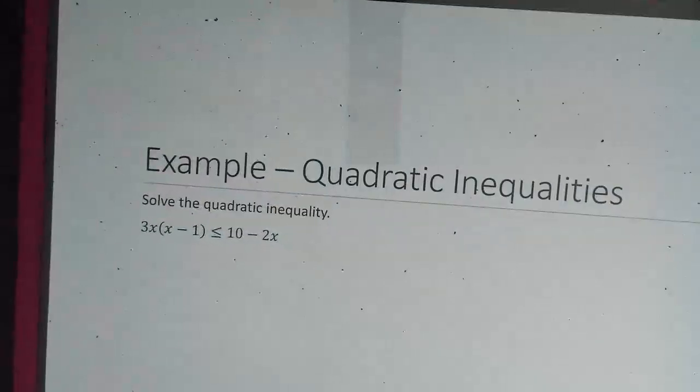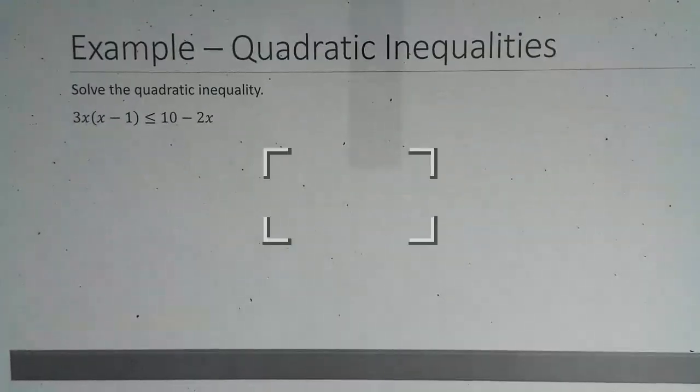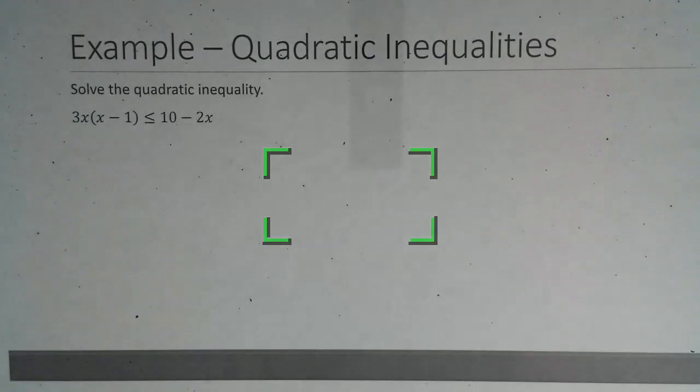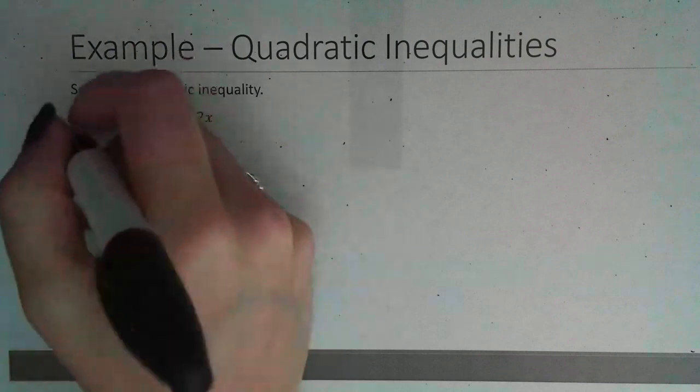We're going to try another one. 3x times x minus 1 is less than or equal to 10 minus 2x. First thing we want to do is get all the terms on one side, so we have 0 on the other side. So I'm going to distribute my 3x through.